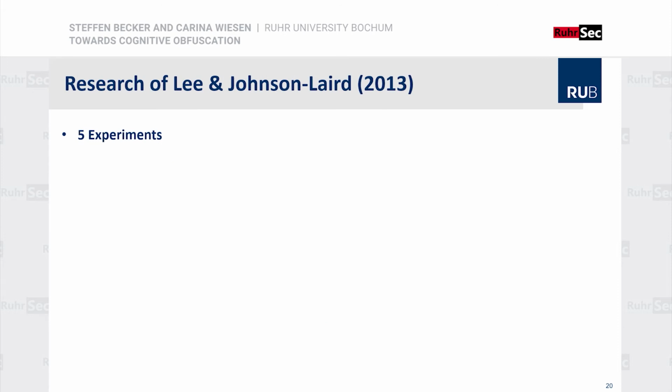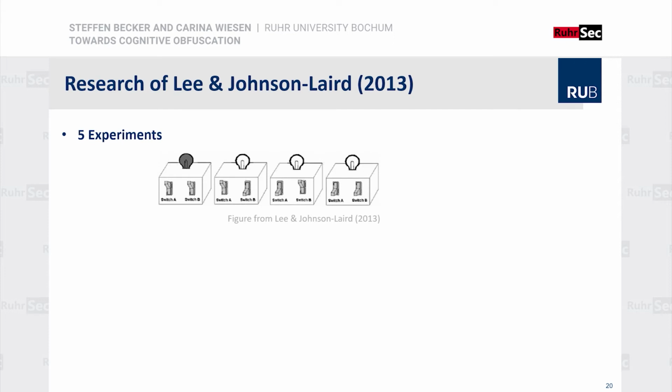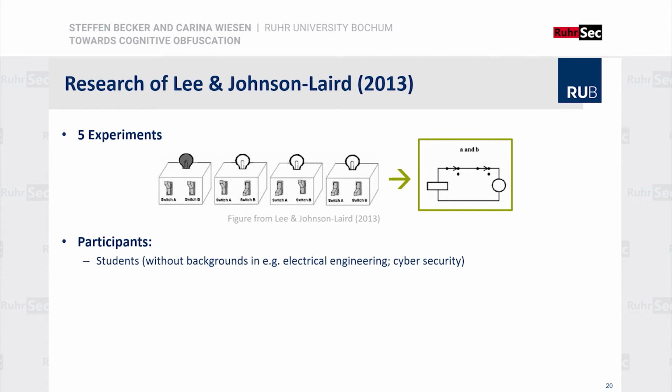Coming back to Lee and Johnson-Laird, who defined reverse engineering as a specific type of problem solving. Therefore, the authors conducted 5 experiments with students from 2 universities. Students did not have strong backgrounds in relevant topics like electrical engineering or cybersecurity. During those 5 experiments, participants were asked to draw electrical circuits based on a Boolean algebra.